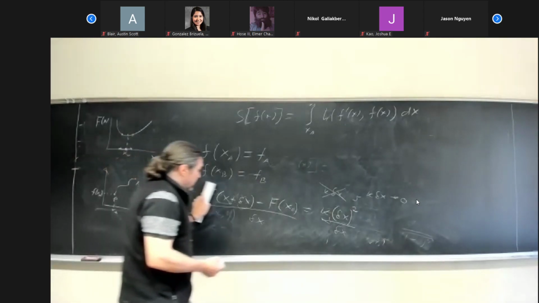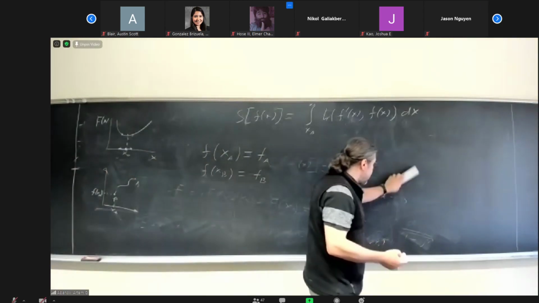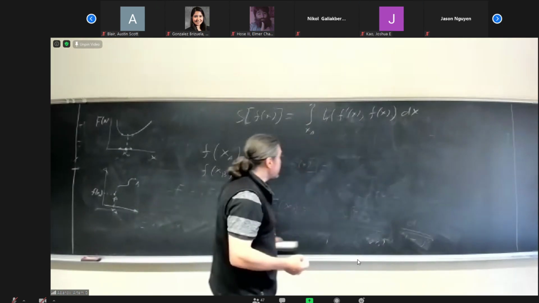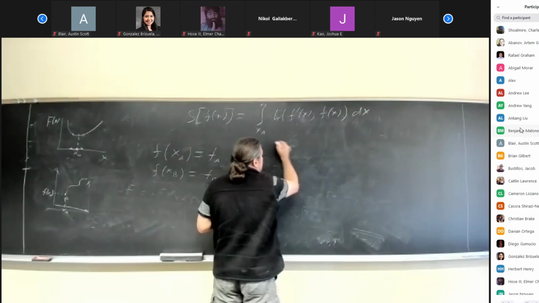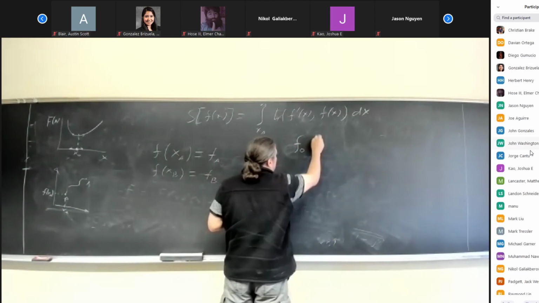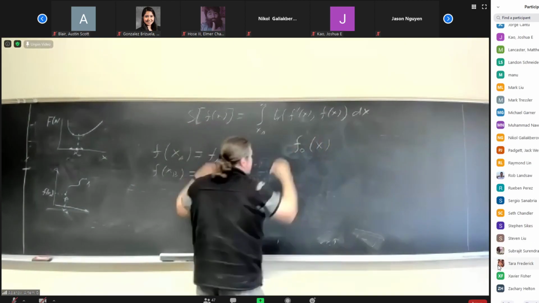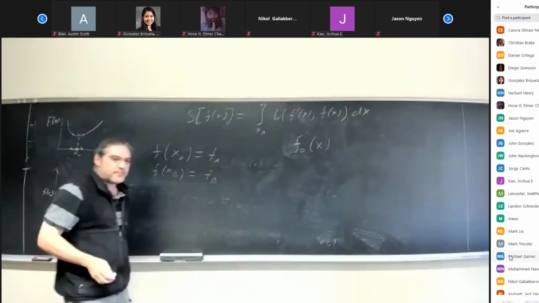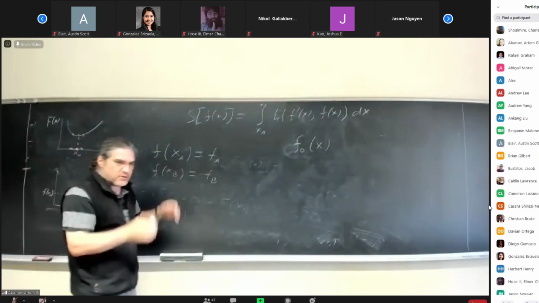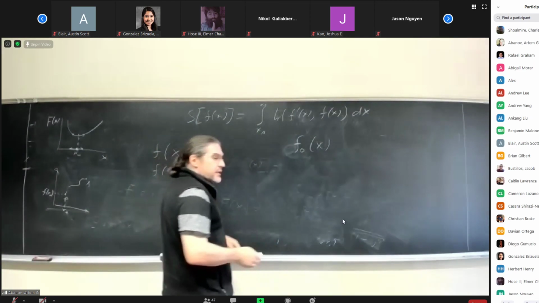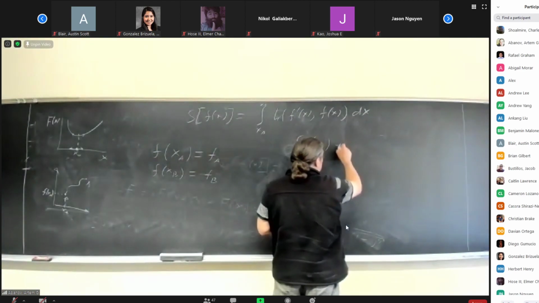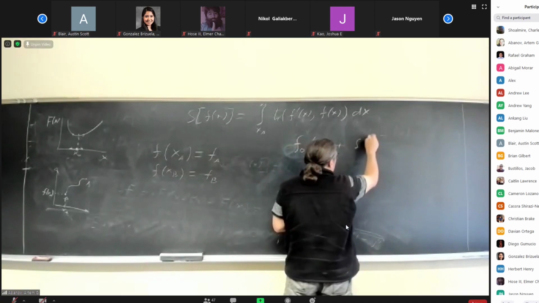So then it means that I need to do exactly the same here. Let me imagine that I found the function which provides me with the minimum of this functional. I already solved the problem. Let's imagine that I know that, and it satisfies those boundary conditions. Now let's imagine that I shifted that function a little bit.